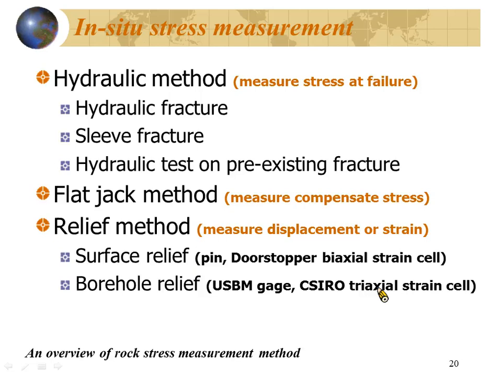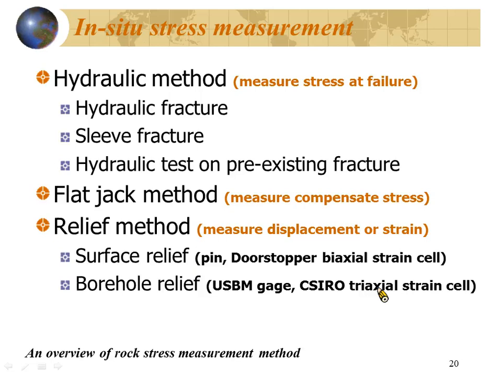So for the measurement of stress, we usually try to use the strength or the deformation or displacement and try to infer the in situ stress. And the other possibility, like I introduced, will be the observation of failure of rock.